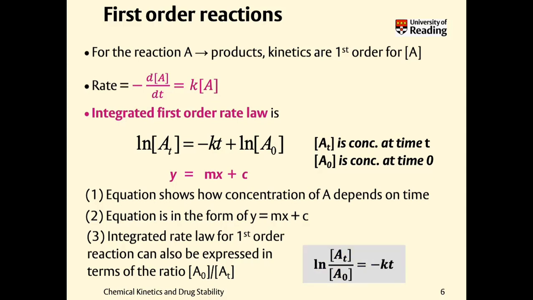So that means we have an expression for our integrated rate law that uses the ratio At over A naught rather than the individual values of At and A naught. And that can be a useful form of the expression that you will see in later lectures. So here we have the natural log of At over A naught equals minus kt.